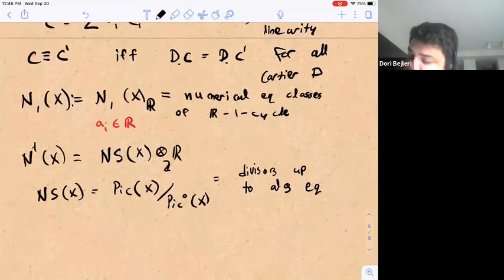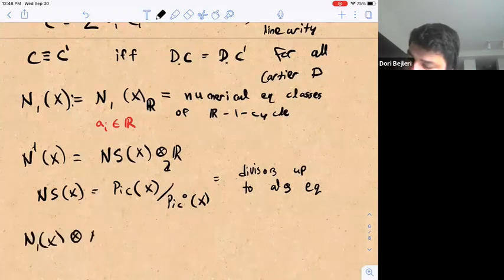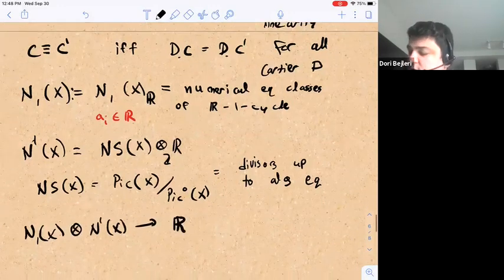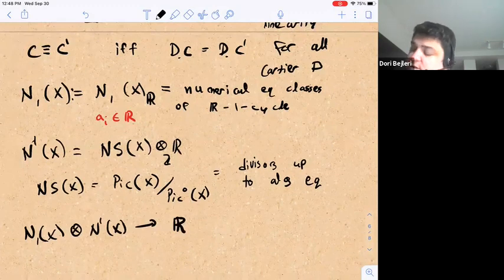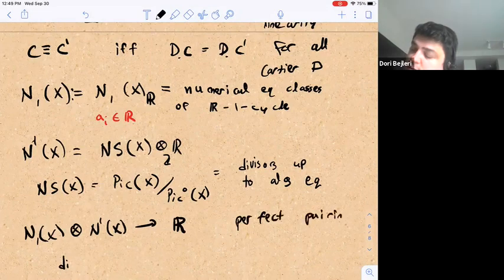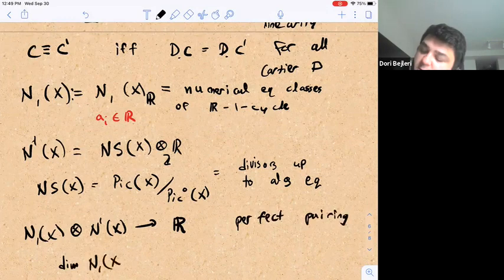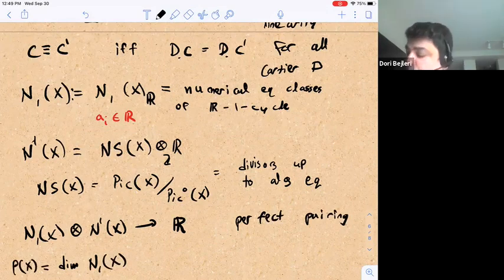And in general, we have a pairing like this given by intersection. So the intersection product extends by linearity. And we actually know in general that this is a perfect pairing, and that the dimension of this N1 is finite.